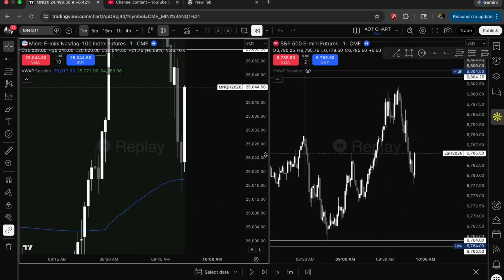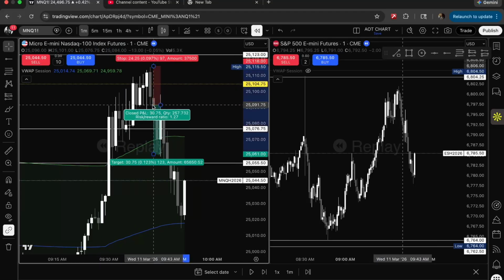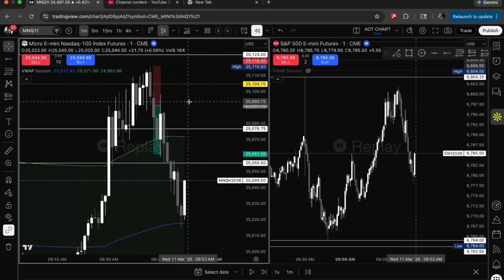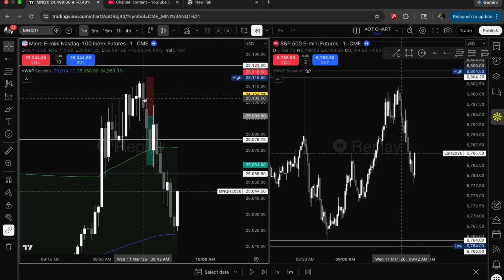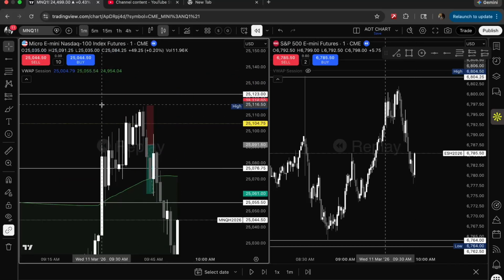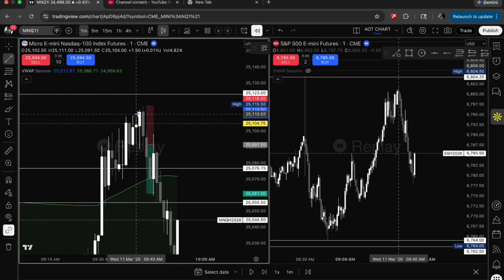What candle was that you entered on? This one, 6, I think. 1, 2, 3, 4, 5, 6 with SMT. So we got protected stop loss, we got SMT, and we got reversal sequence. We got higher time frame SMT, or basically external SMT, you could call it, and then internal SMT right here.